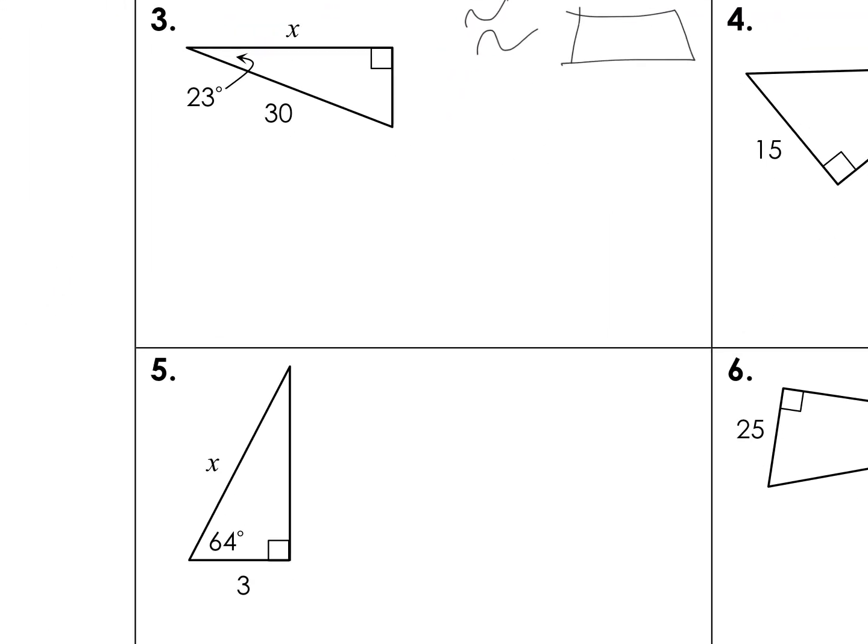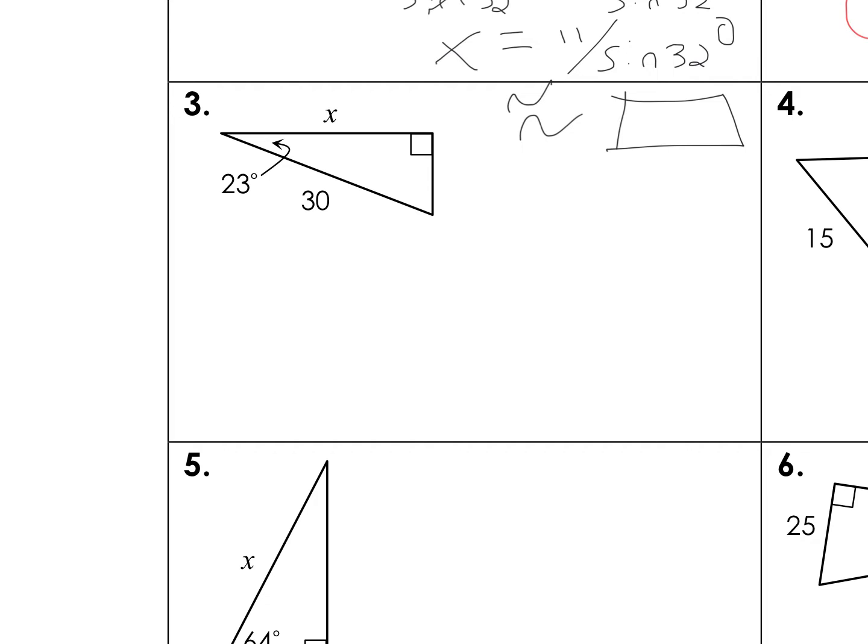Number 3. I'm given a small angle here, 23 degrees, and the sides that I see that are given, this 30 represents the hypotenuse because it's across from the 90 degrees. This side is next to the 23 degrees, so it's my adjacent.